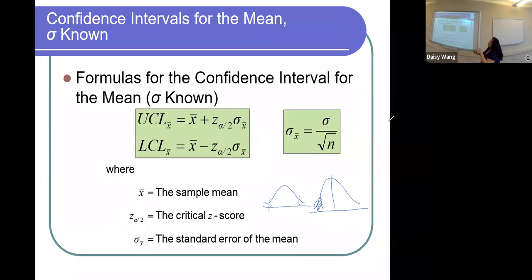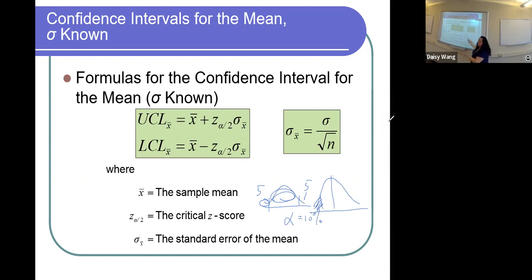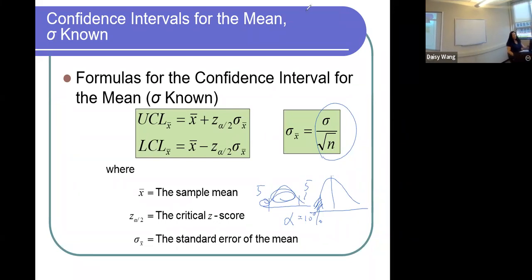So if we want a 90% confidence interval, covering 90% of the data, then this part will be 90%, and this part will be 5%, and this part will be 5%. So that's alpha divided by 2, and that means alpha is equal to 10%. This is the difference here, and then there is another difference. This is how we calculate the confidence interval.